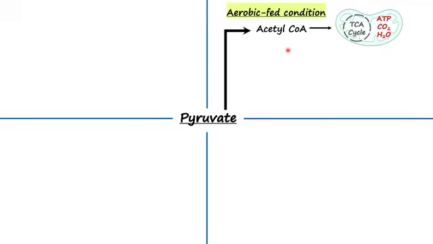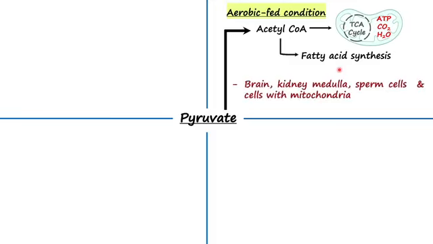Furthermore, acetyl-CoA can also be utilized to synthesize fatty acid. And these reactions are important in brain, kidney, sperm cells, as well as any cells with mitochondria, which can use this pathway of glycolysis to synthesize energy in the form of ATP.